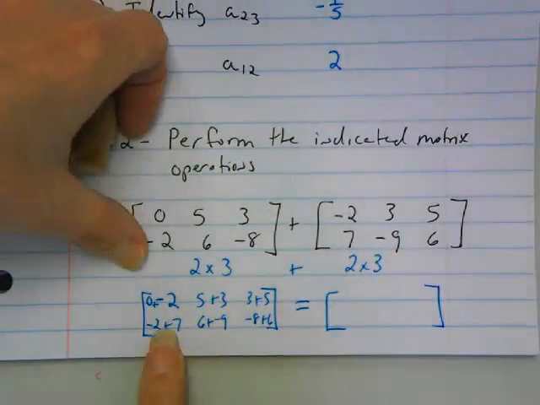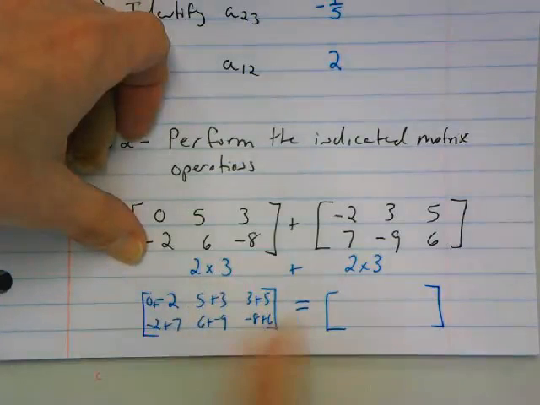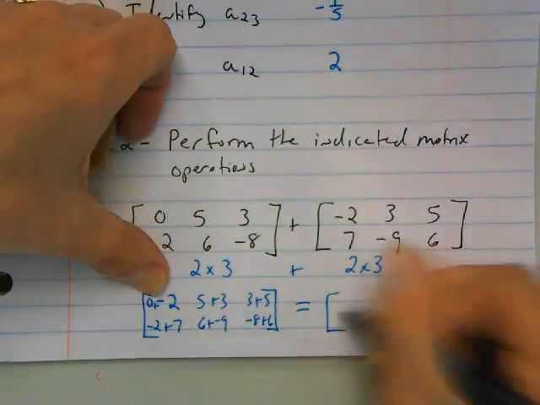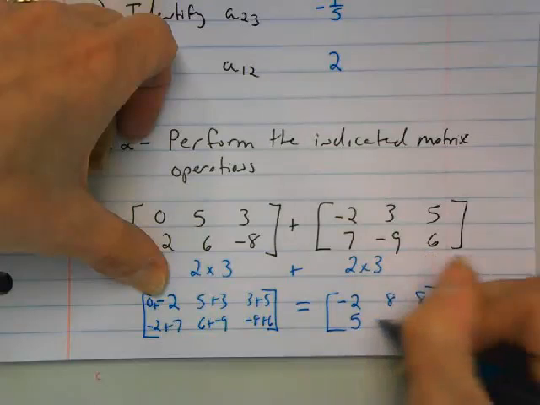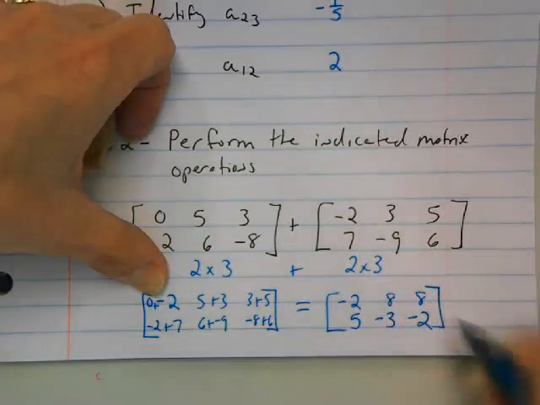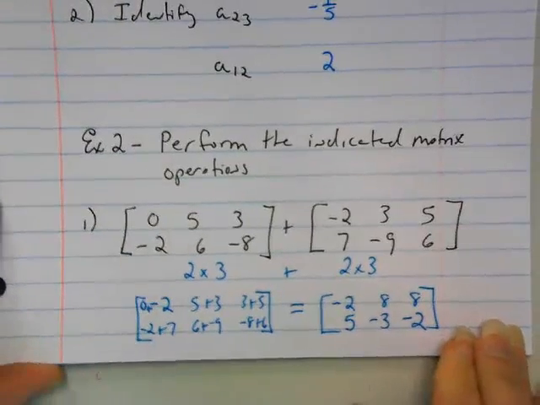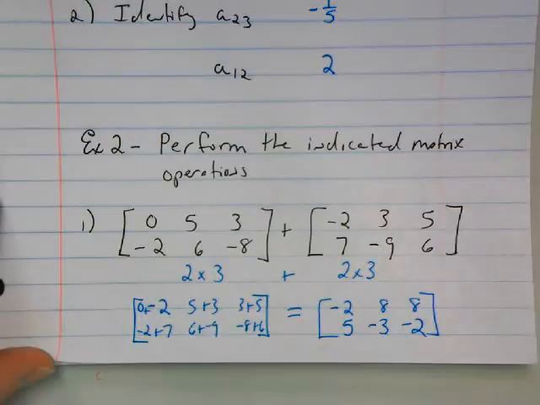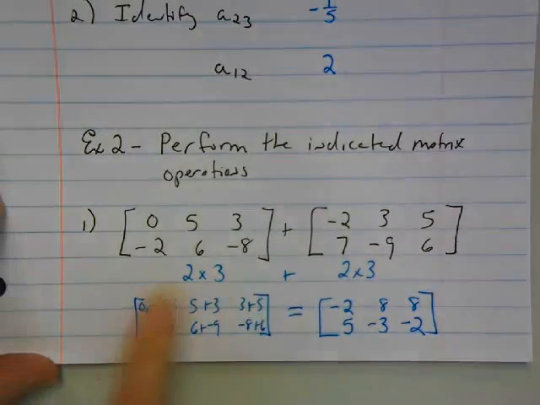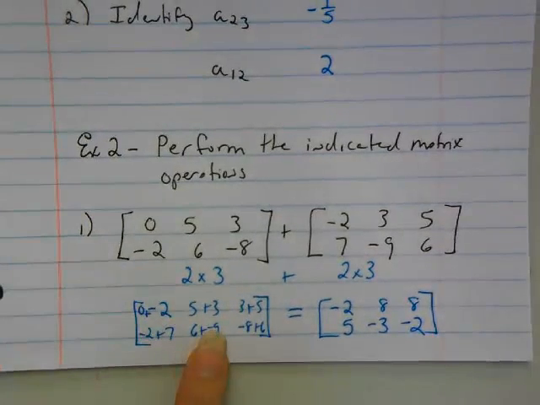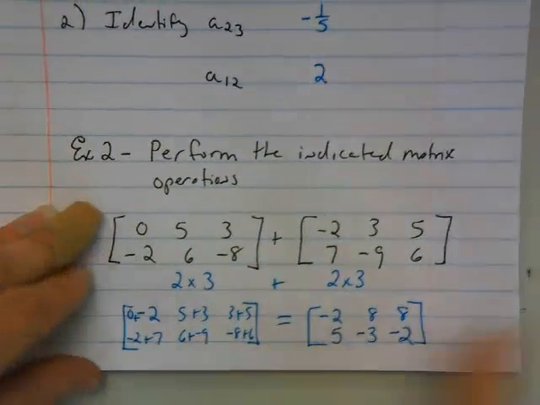You don't have to show all of that. I'm doing it for the first couple just so you can see it. So I get -2, 8, 8, 5, -3, -2. Don't feel like you have to write this. If you don't think you need to write it, don't write it.